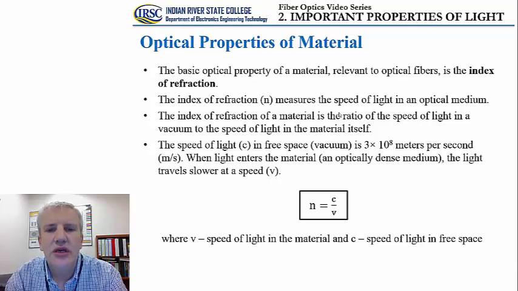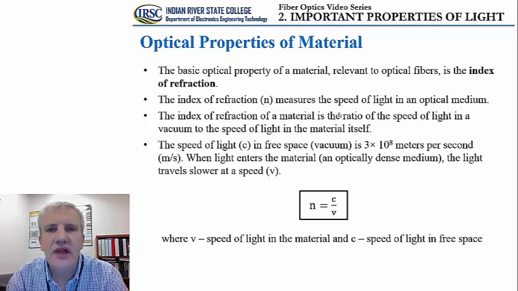Index of refraction is measuring the speed of light in an optical medium. We already discussed the speed of light in air or vacuum, and we established a constant of 300 million meters per second as the speed of light in air or vacuum.